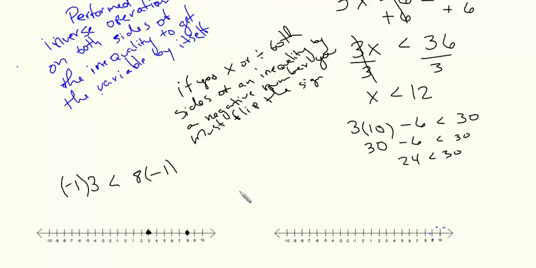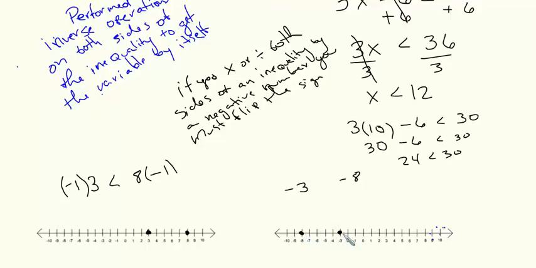So I have negative 3 and I have negative 8. Okay, so now let's look over here at this number line, and we can see that negative 3 is here, but look, negative 8 is to the left of negative 3.